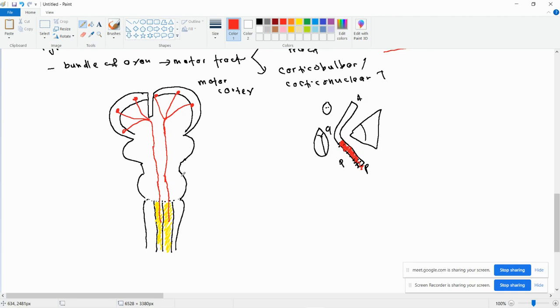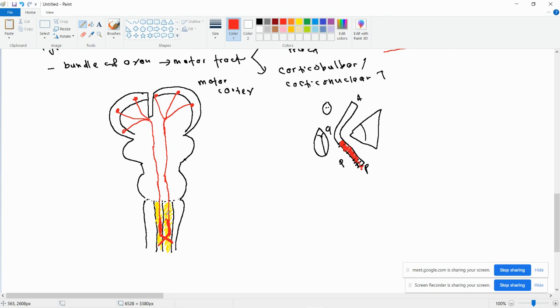Once this fiber enters the pyramid structures of the medulla, at the lower end of the medulla, the lower part of the pyramids, this lateral corticospinal tract basically will undergo something.